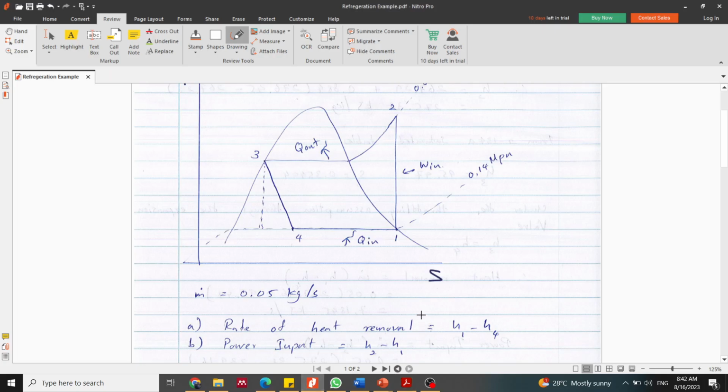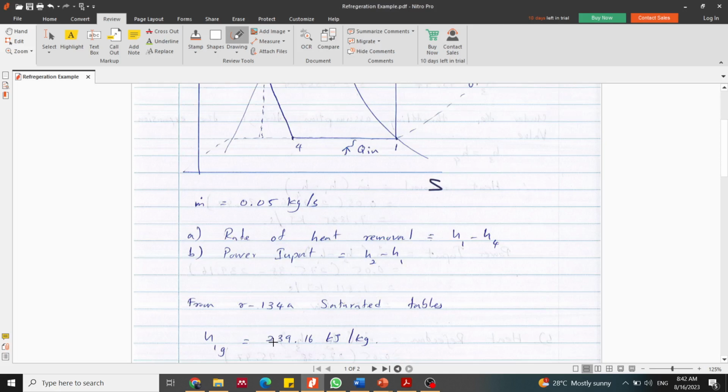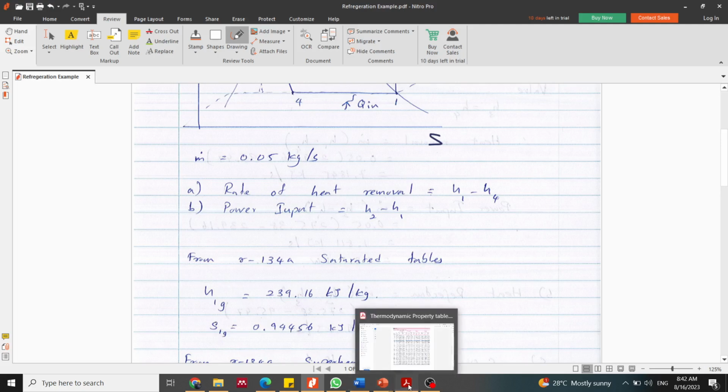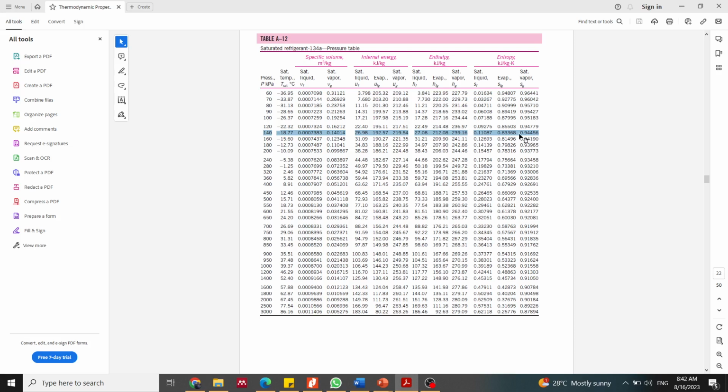So that is the value in here. At the same time we can extract the S value, the entropy value, 0.94456. We go back and see, this is the value.